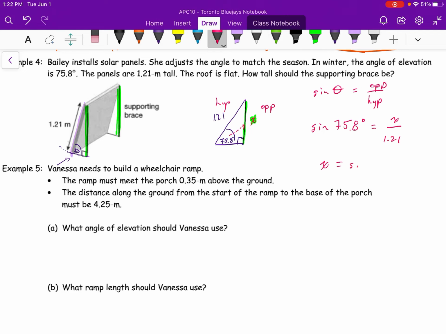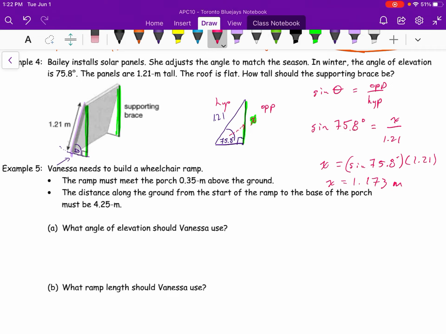So if I multiply both sides by 1.21, I'm going to put that in brackets just to make sure I don't create a calculator error. And what I get is X is 1.173 meters.